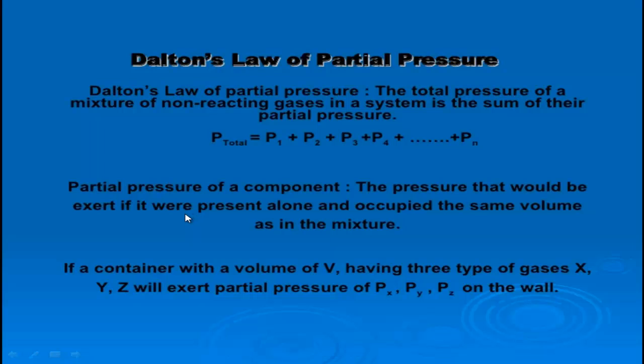Then when it is kept with the mixture in another container, it will apply the same pressure. So, partial pressure is actually the pressure of a component gas of a mixture. If a container with volume V has three types of gases X, Y and Z, they will exert partial pressures of Px, Py and Pz on the wall.